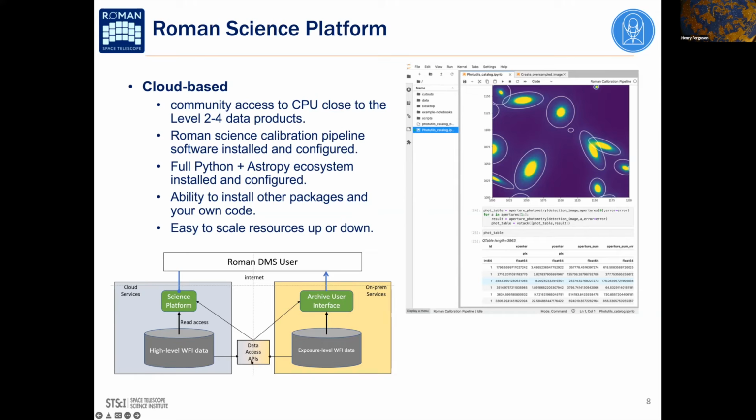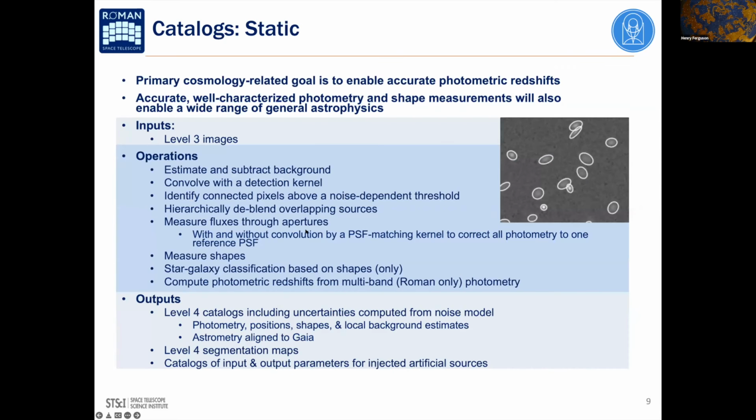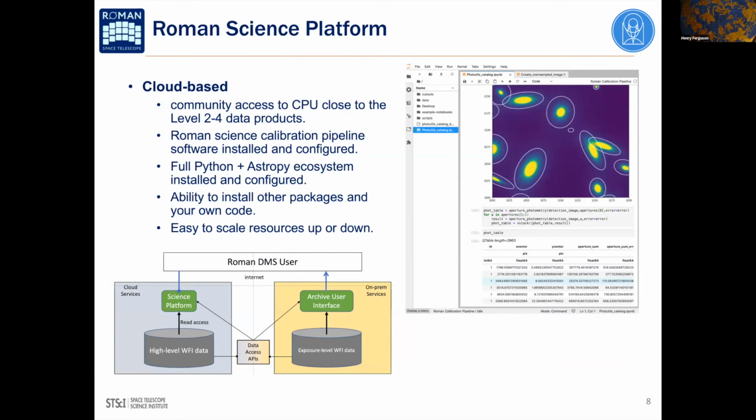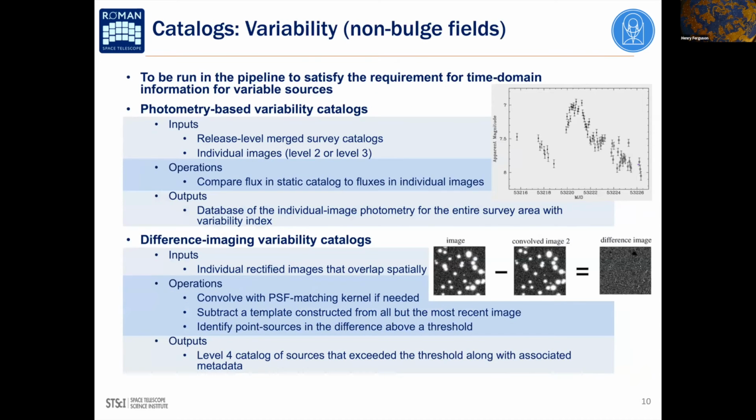If you're coming at it programmatically through Python or some other language, you won't necessarily need to care, although performance might be higher if you're on AWS and grabbing things that are on AWS. In any case, there'll be a full calibration pipeline installed and the Python and AstroPy ecosystem installed and configured. You can install your own packages, run your own code, and it's easy in this platform to scale resources up and down.